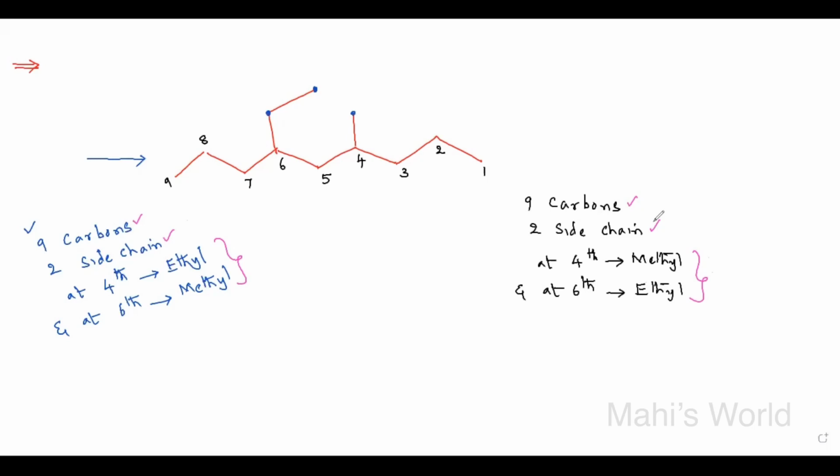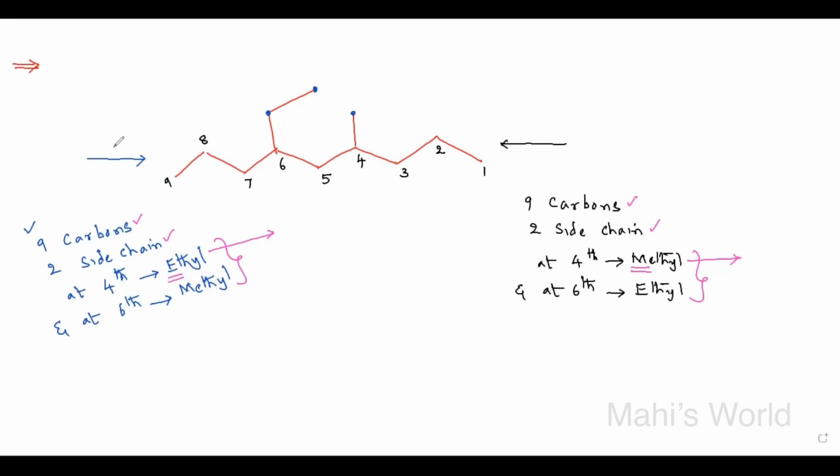Let us check the thing present at the 4th position, the least locant, the least number. It has ethyl, where the alphabet is E, and here the 4th one has methyl. So that is where you got some competition.